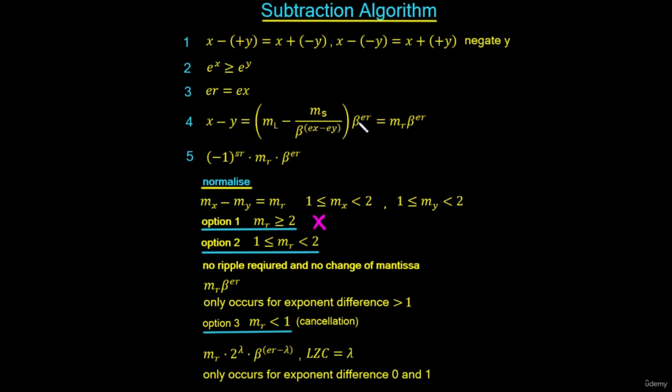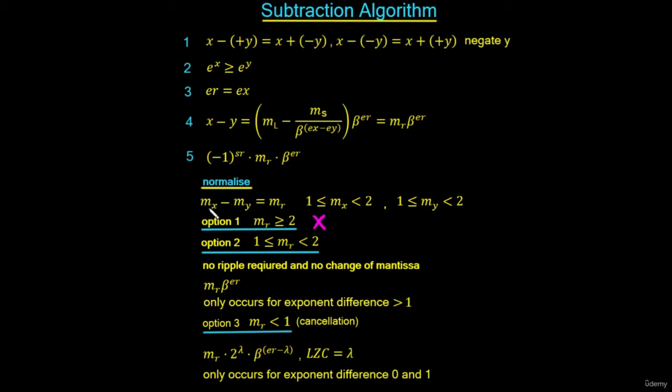So that's all to the power beta to the power ER. The final result is MR, which is inside the brackets, times beta to the ER. And again, for the final result, we have the sign dependent on -1 to the S, the sign of the result. Now again, we're going to have to normalize the result.